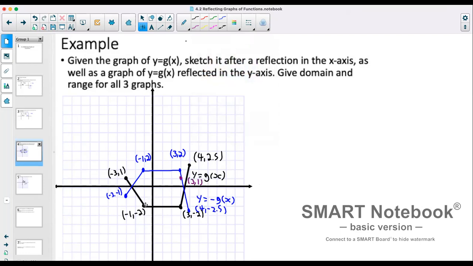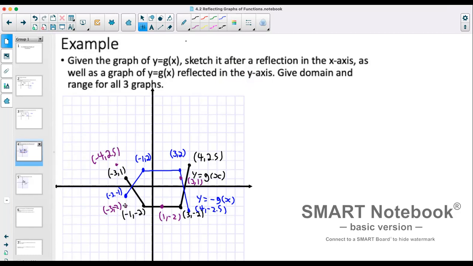If we had (-1, -2), that becomes (1, -2). We had (3, -2), that becomes (-3, -2). And if we had (4, 2.5), it becomes (-4, 2.5).